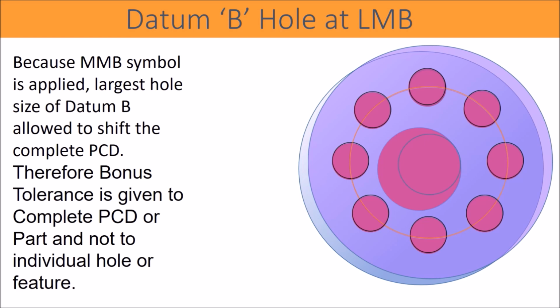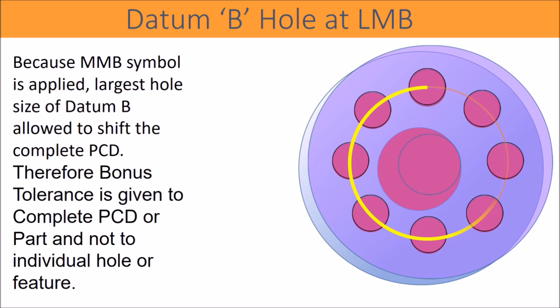Therefore, the concluding statement is: MMB bonus tolerance allows complete shift of the part, and therefore the bonus is applicable equally to all features and not to one or two individuals.